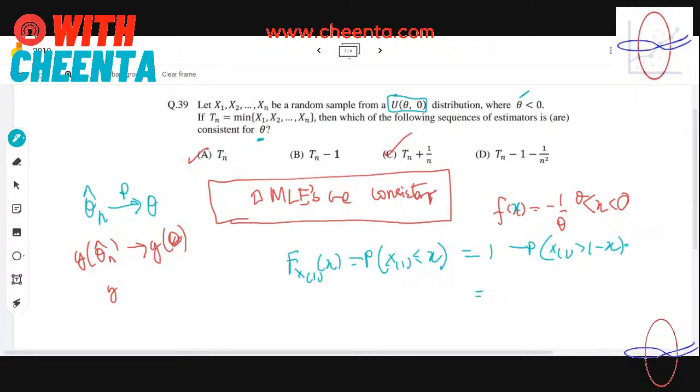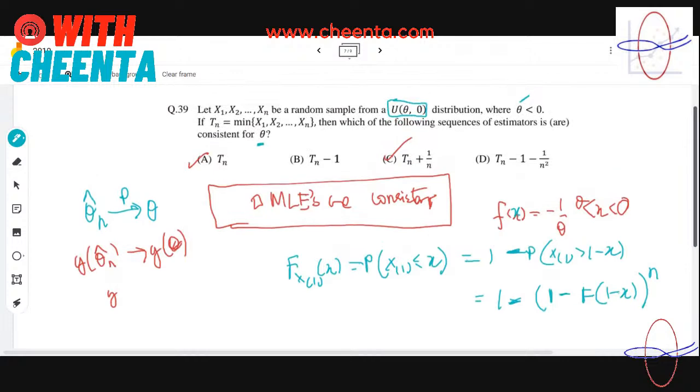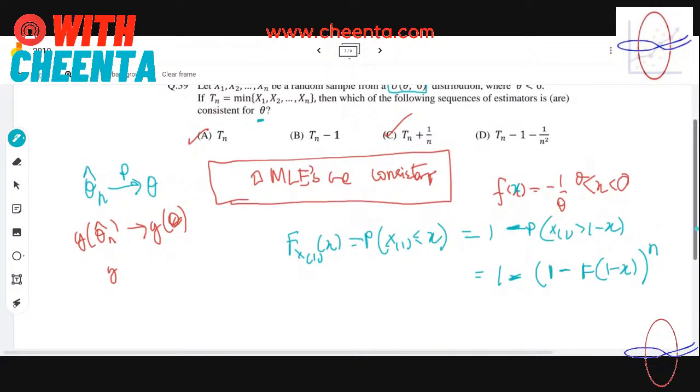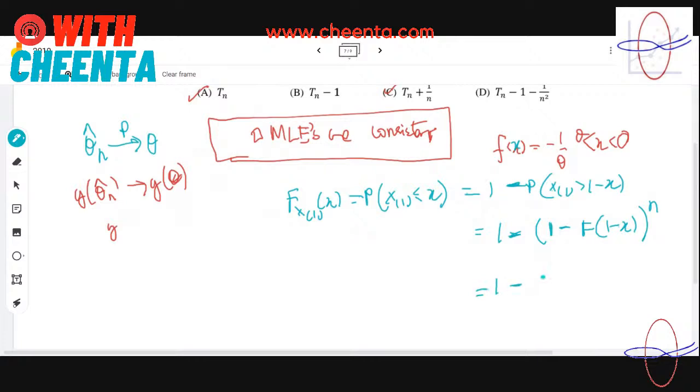Okay, so therefore what you get? You get 1 minus F of 1 minus x, whole to the power n. Okay, this is what you get. If you just do this, capital F of x is minus x by theta, right?